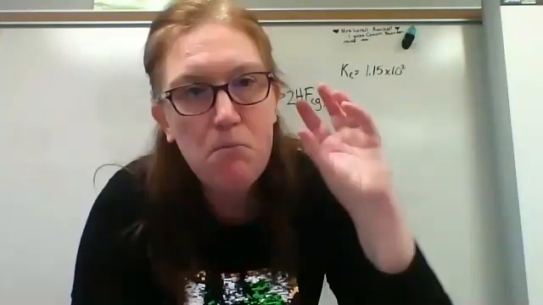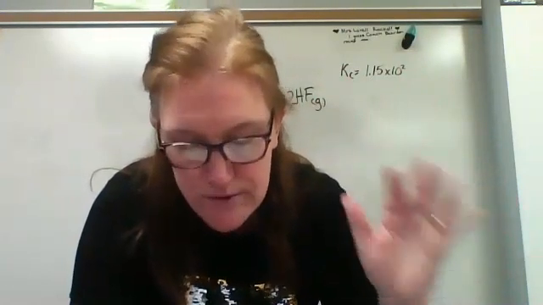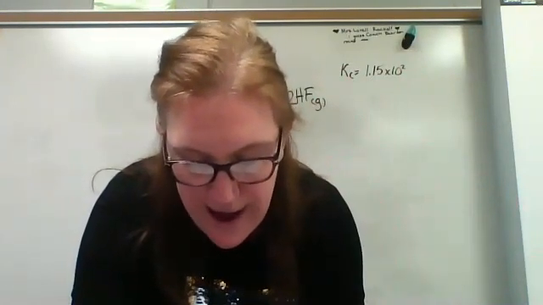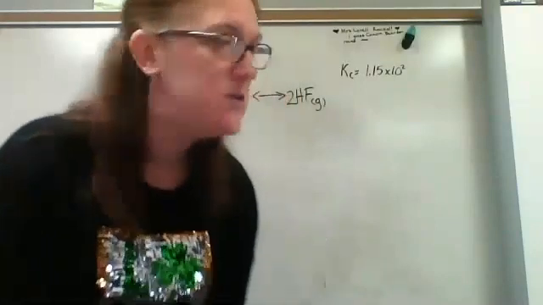Divided by how many liters there are. Yeah, you take moles divided by liters. So you'll take 3 moles divided by 1.5, and that's going to be your starting concentration for everything. That's your initial concentration.